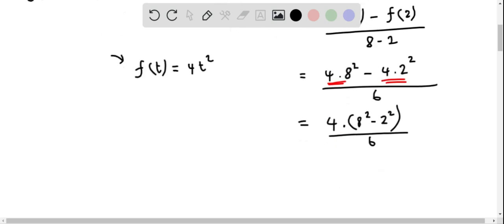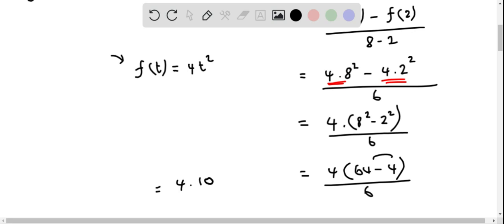So this becomes 8 squared is 64, minus 2 squared is 4, divided by 6. 64 minus 4 is... I'm sorry, 64 minus 4 is 60. So it is 4 times 60 over 6. We can cancel the 60 with 6, and this gives 10. And then 4 times 10 is 40.